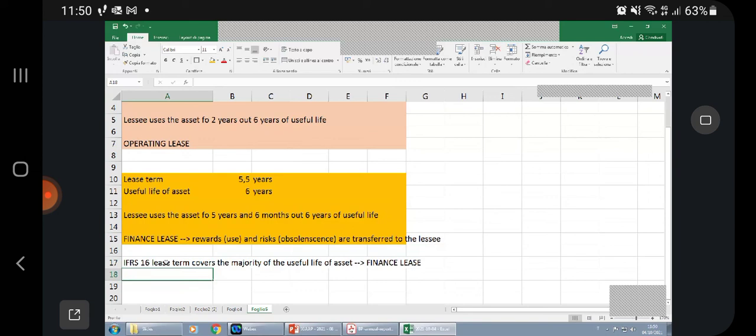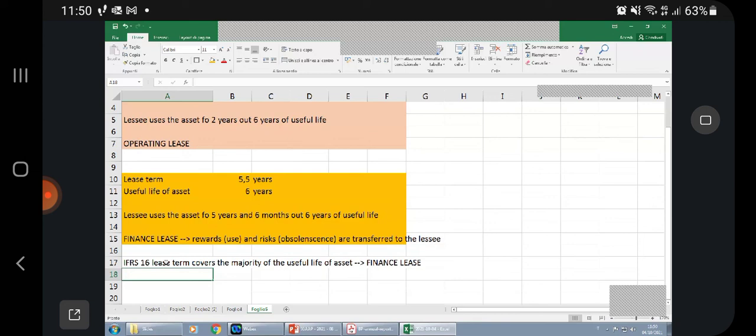Do you remember the first day of lecture when I told you that IFRS are principle-based, whereas US GAAP are rule-based? Principle means majority. It's up to the company to decide if majority is more than 50%, more than 70%, and so on.